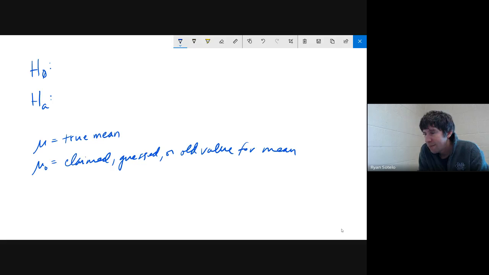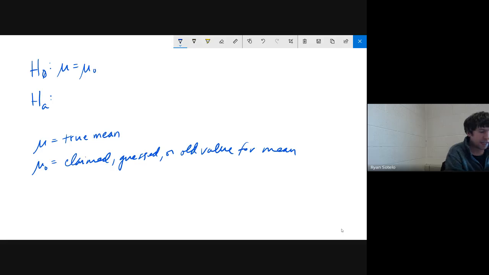So if somebody makes a claim, that's the mu naught. Or if last year's data indicates that the mean used to be a certain thing, that would be mu naught. And then mu would be the current value, or the new value, or the real value that we don't know. So one situation that we have when we do hypothesis testing is we want to test the idea that the true mean is equal to the claimed mean. So mu equals mu naught.